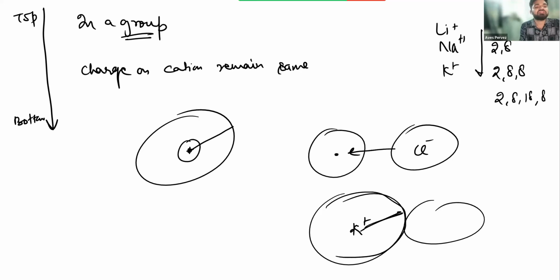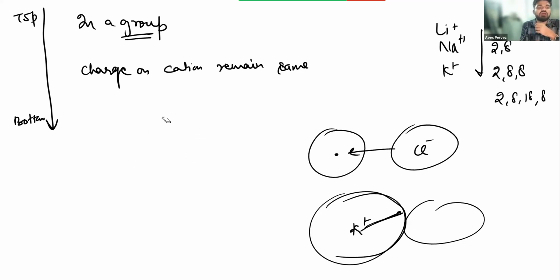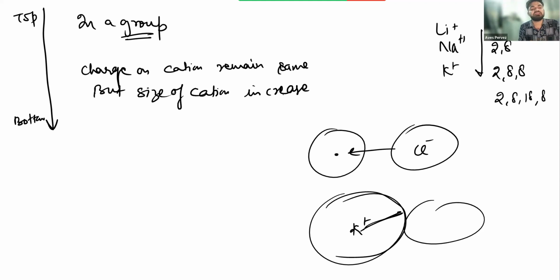So if I talk about the charge on the cation remaining the same, what does it mean? It means that as we move from top to bottom, the charge remains the same, but the size of the cation increases. And if the size of the cation increases, there will be less distortion, and we will say less covalent character.